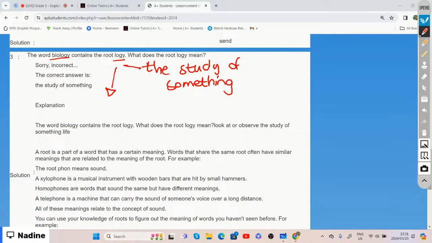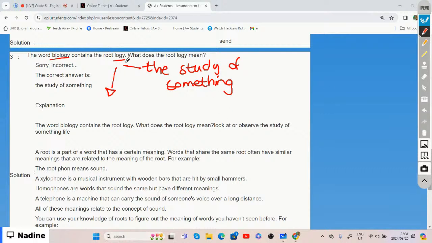And then, for example, if you have the root word bio, if you now think of biology, then bio specifically has to do with either the plants, or the body, right? So it's the study of the plants, the study of the body, depending on whatever you are studying specifically.